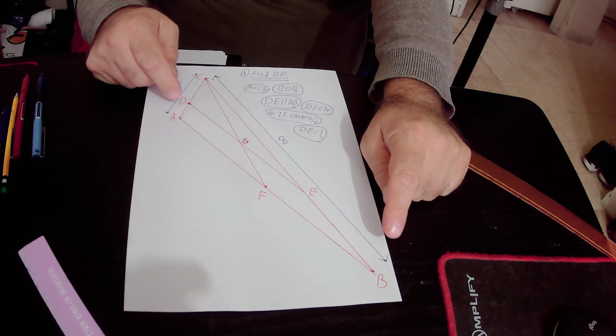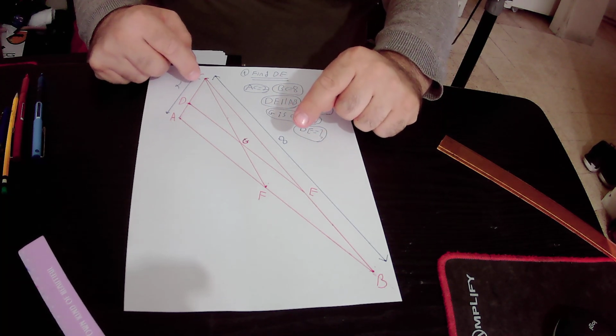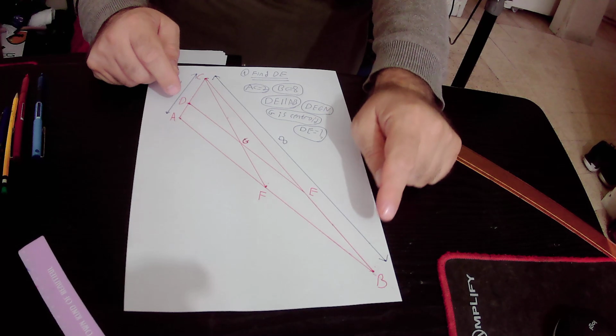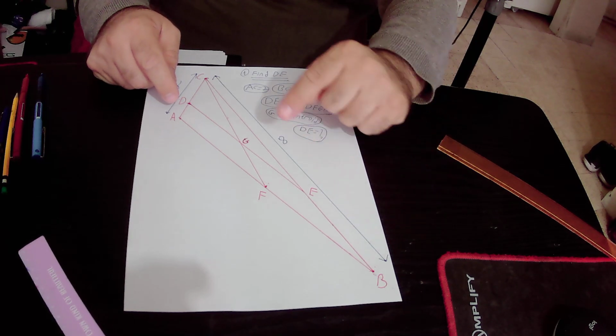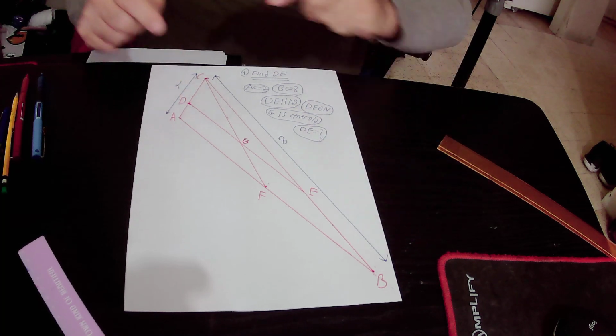CF bisects side AB of triangle ABC. That is to say, the median CF divides side AB into two equal parts. That is to say, AF equals FB.